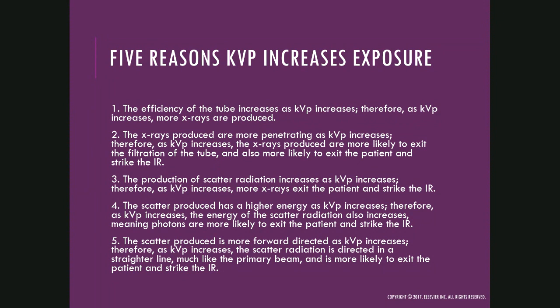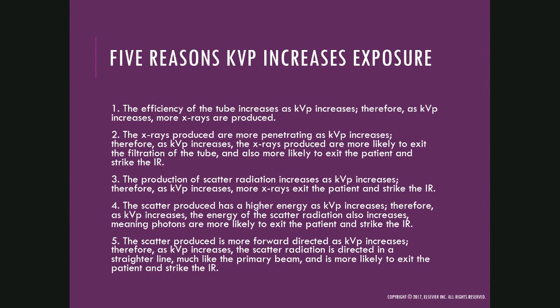Whenever you increase your KVP, remember we said you get more transmission, but what attenuation you do get is more Compton and less photoelectric effect. So that mix of things increases. So even though it's not diagnostic information, it's not exactly what we want, it does increase the exposure to the image receptor overall from the scatter increase.